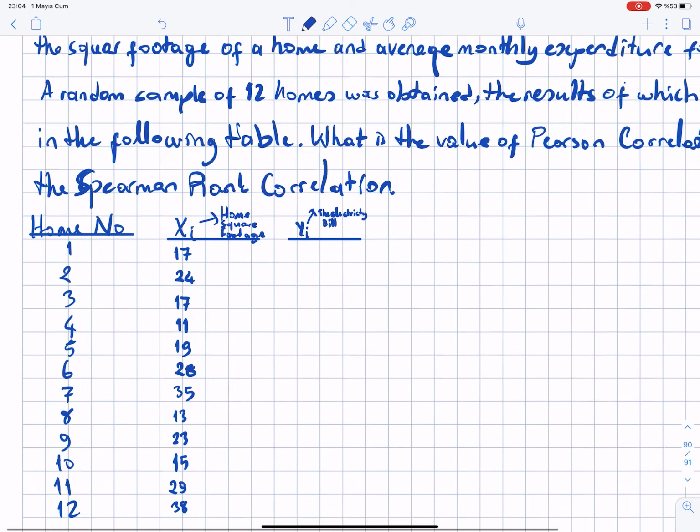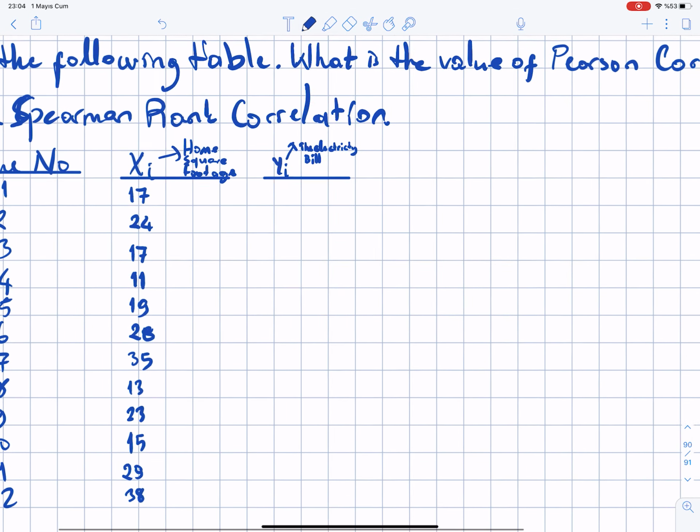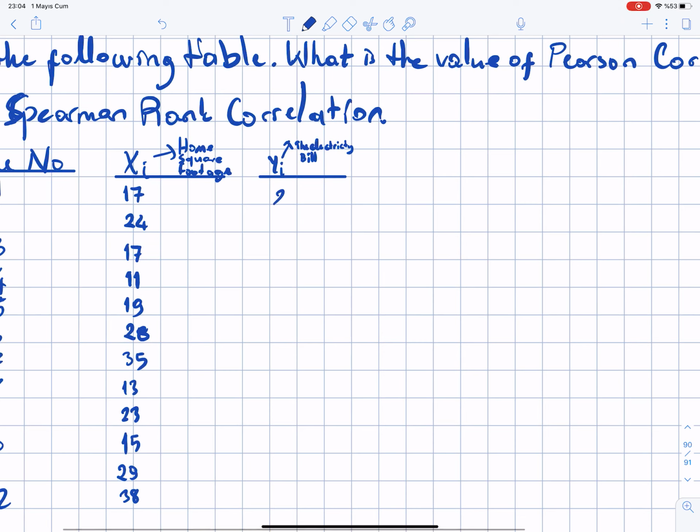Yi is given to be 2.1, 1.8. So it means you multiply 1.8 by 100. That is $180 a month.